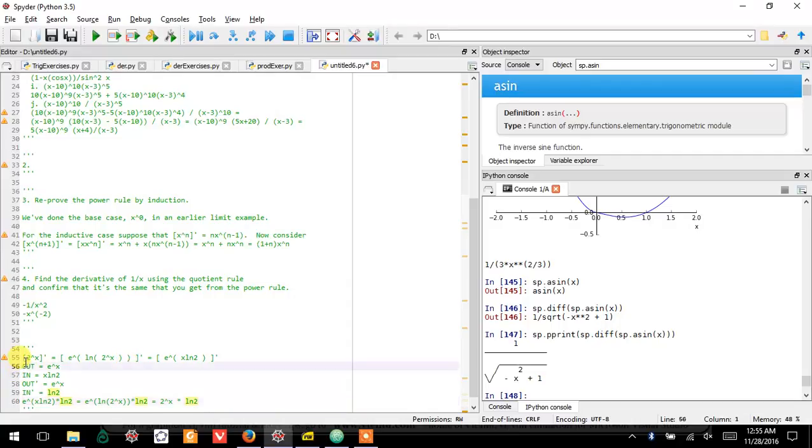So this is how you deal with a base that is not e.